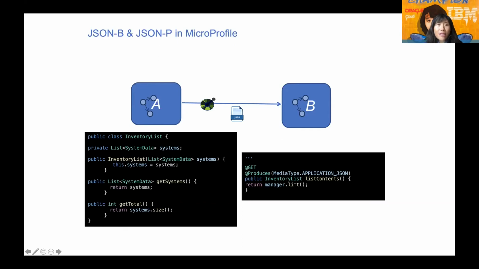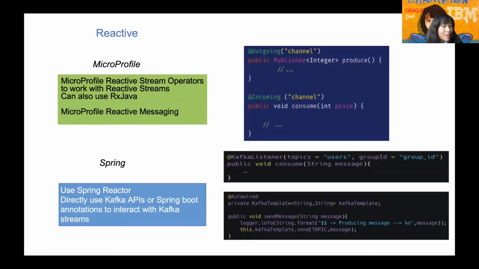The implementation of JSON-B does this automatically behind the scenes, so you don't need to worry about it much. That's pretty much imperative programming.